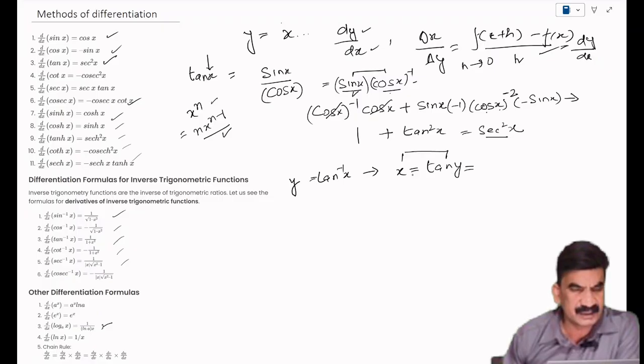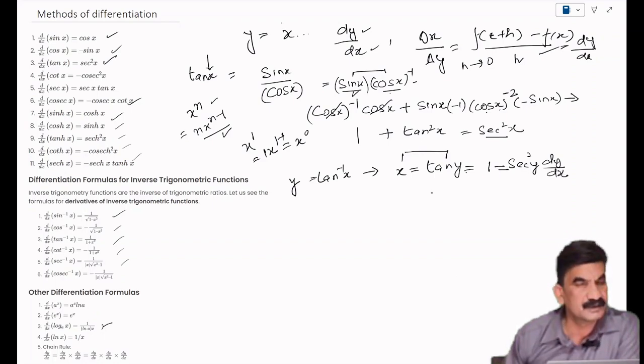And what do I get? I get differentiation of x with respect to x is 1. Why 1? x to the 1. Now this will be 1 times x to the 1 minus 1, which is x to the 0, which is 1. So I'll get 1. And this side, we just did this, and the derivative of y. Remember, you can have a differentiation of y with respect to x, which is nothing but dy by dx, right?